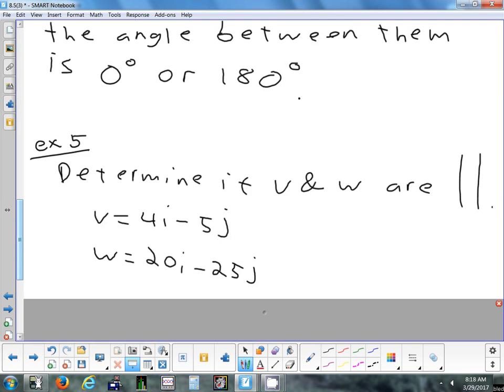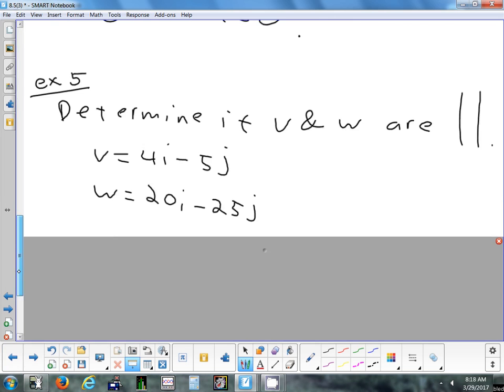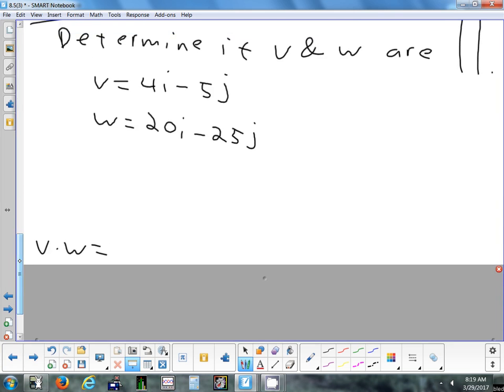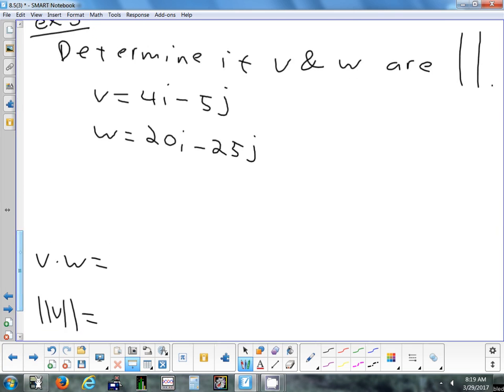All right, so I want to determine if those vectors are parallel. Okay, so we have to find everything: the dot product, length of V, length of W. So what do we got to multiply to get the dot product?